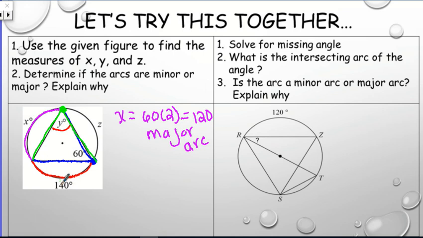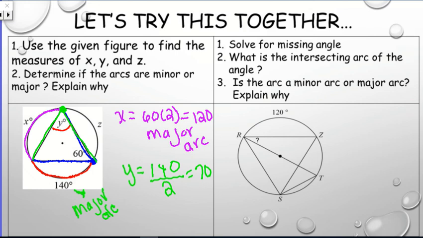So if the intersecting arc is 140, then I take half of that to get the inside angle. So Y is 140 divided by 2, which is 70. And this arc right here, 140, is a major arc because it is greater than 180. So this is a major arc.